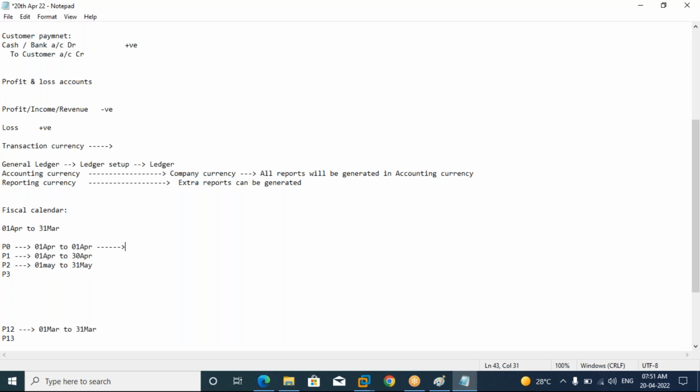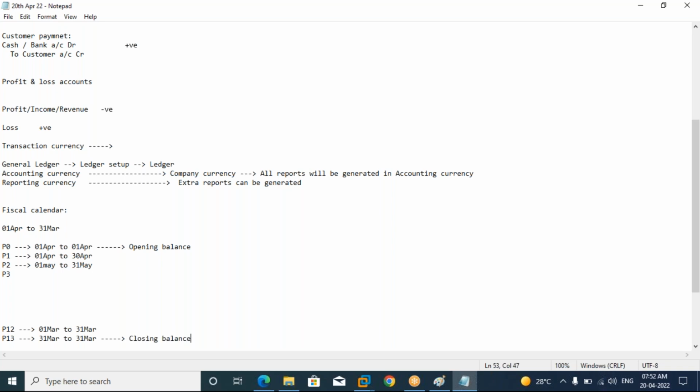This is for opening transactions. And period 13 is 31st March to 31st March, which is for closing.